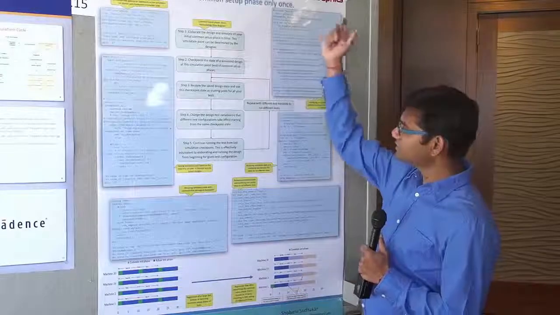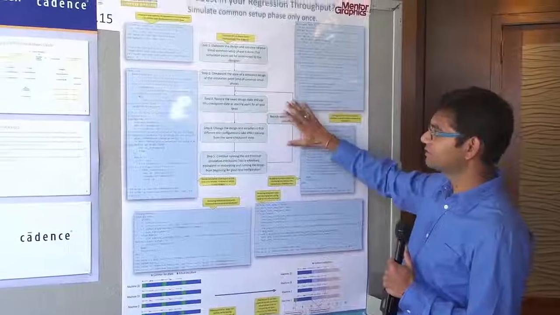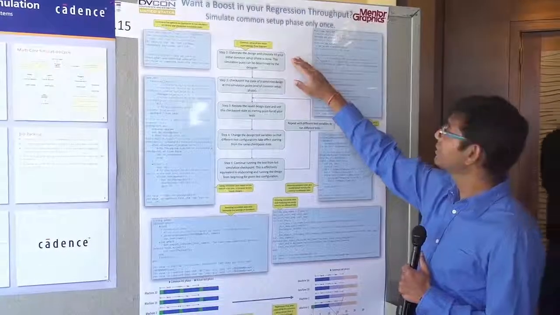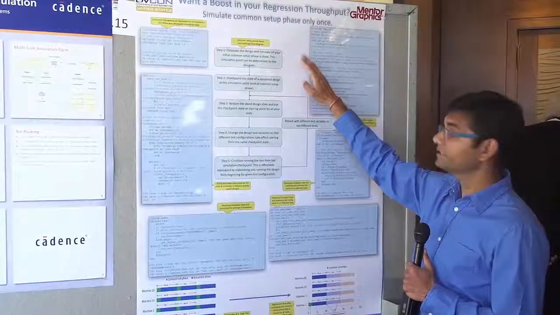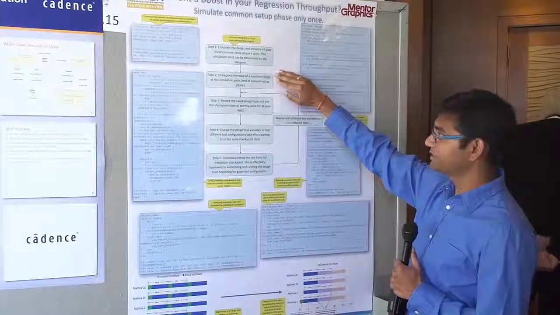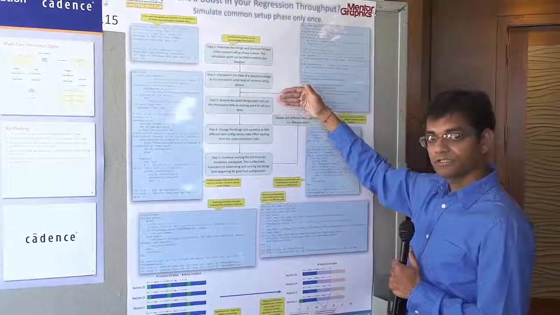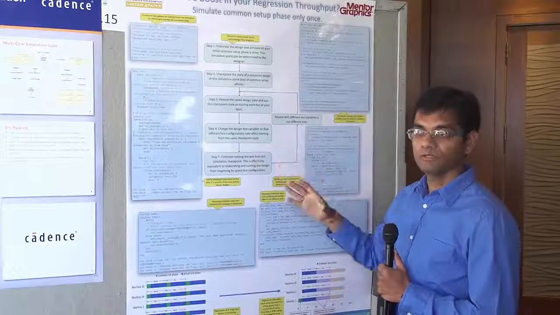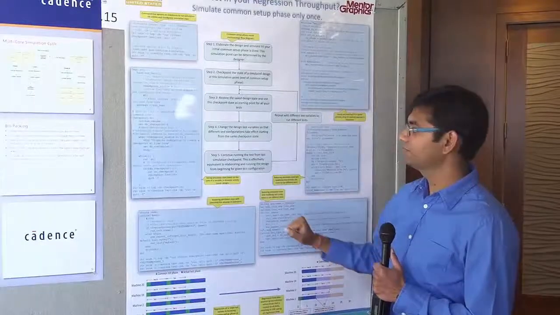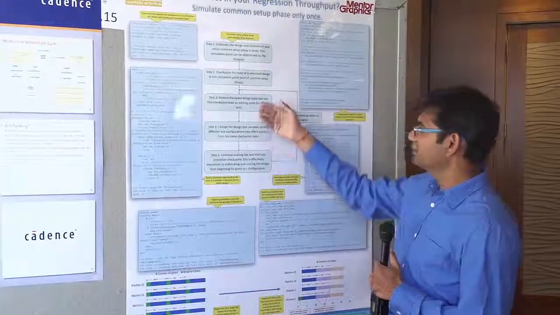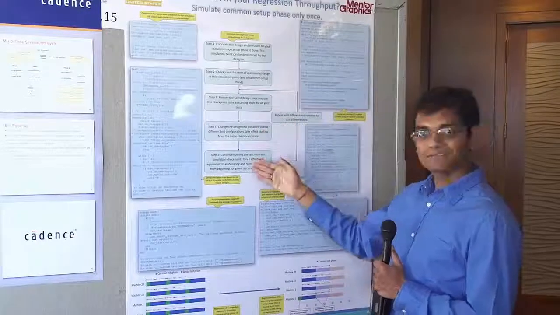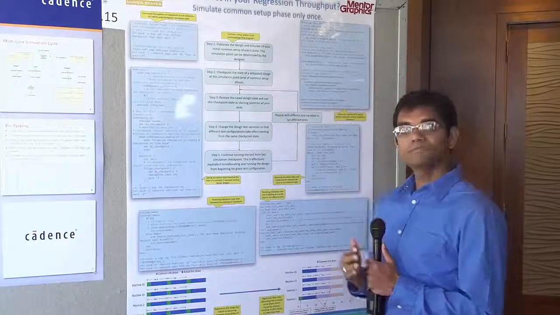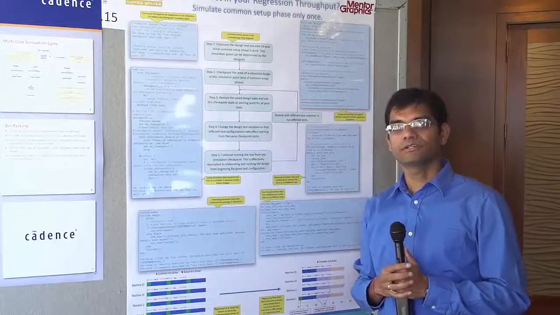The methodology is: you start and elaborate your design, run it till your checkpoint point and save the checkpoint state, restore your checkpoint state, and then apply different test stimulus based on how your tests vary. I'll talk a little more about that later. You run the test from the same checkpoint state and then repeat the same thing. This gives you a lot of advantage in your regression throughput.